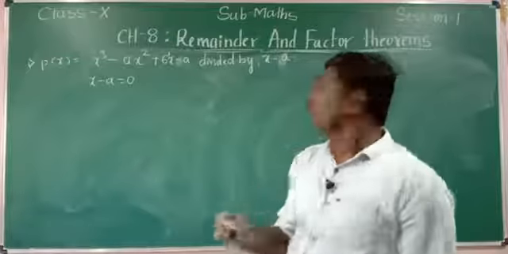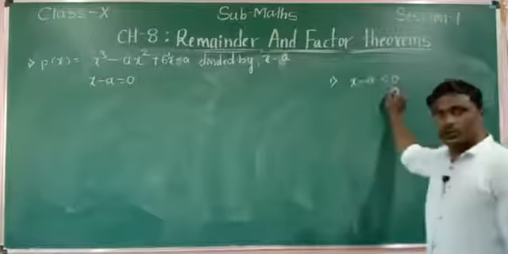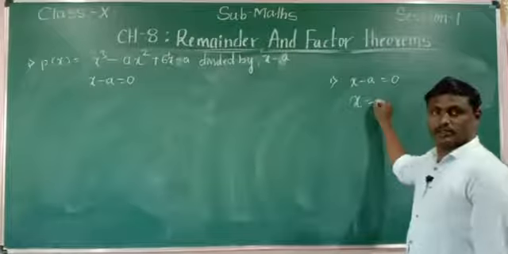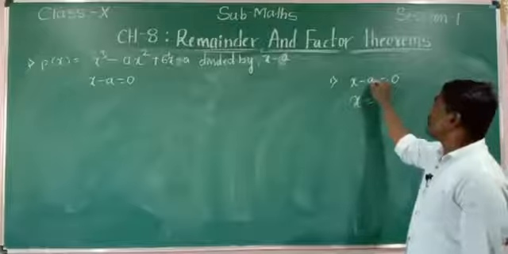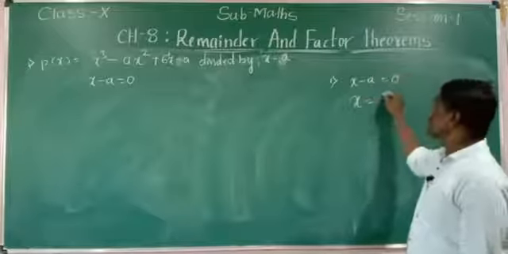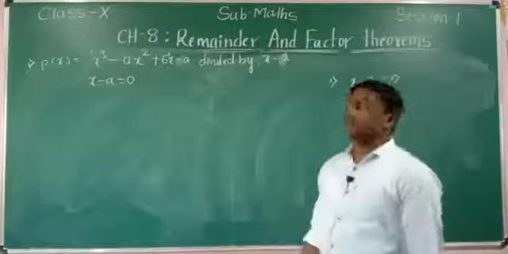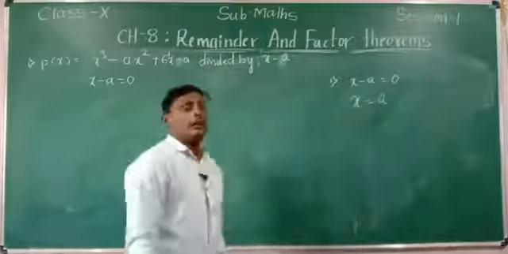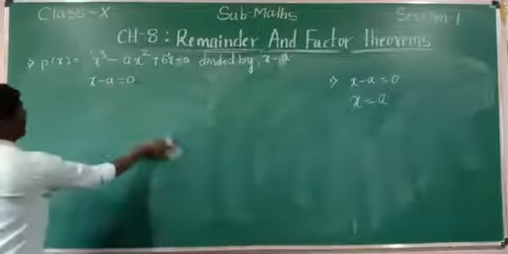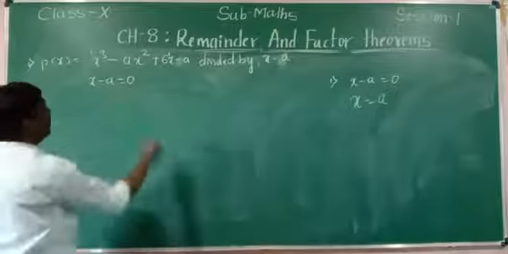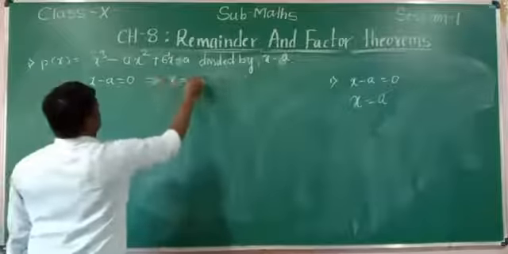Consider that the equation is equal to 0, then convert the equation in terms of x. So x minus a is equal to 0 means x is equal to a. Now substitute the x value in the given expression, then you will get the remainder of the expression.